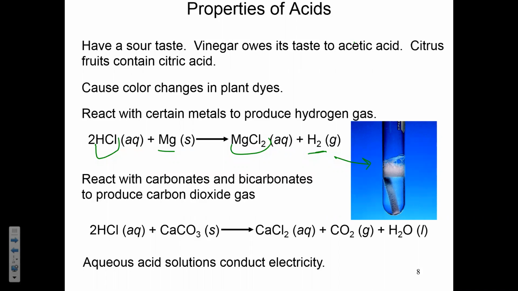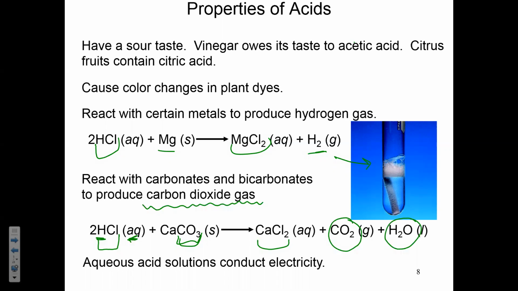Anytime we pair one with an acid, and here's our acid, and we know it's an acid for two reasons: it's aqueous and it starts with hydrogen. When we put those with those carbonates, we always get a metal salt. In the first one, we get CO2 gas, and we get water. So we should always see carbon dioxide gas being produced.